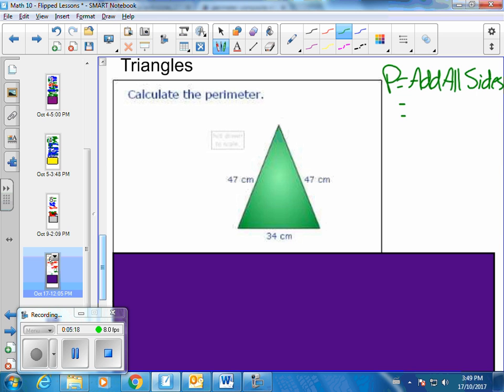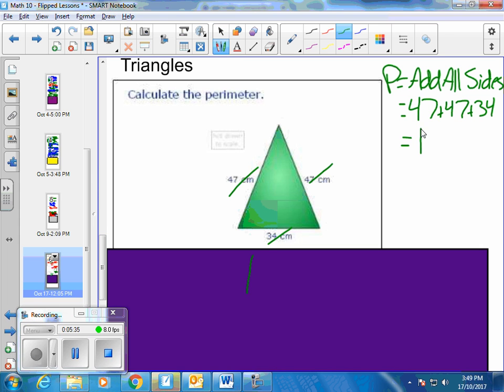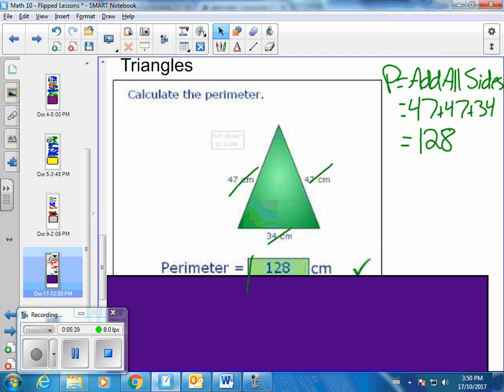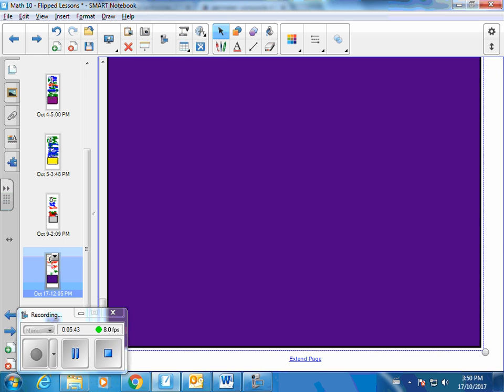So it equals 47 plus 47 plus 34, which winds up giving us a final answer of 128, which if we slide down here, we find out, yay, 128 is correct.